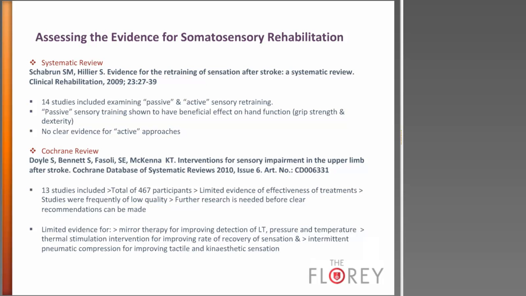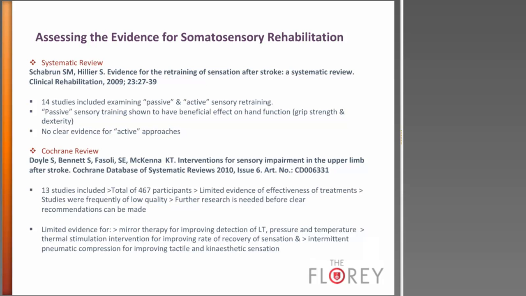So the Schaubron study involved 14 studies, and what they had done is separate the interventions into either passive or active approaches for sensory retraining. And when they spoke of passive approaches, this was where something was actually applied to the person without their involvement at all.